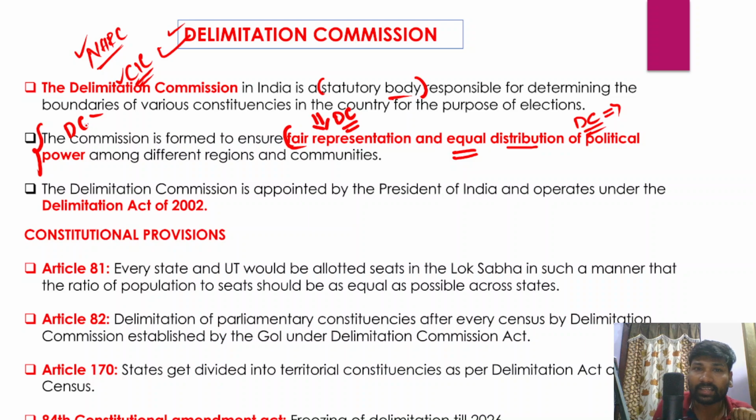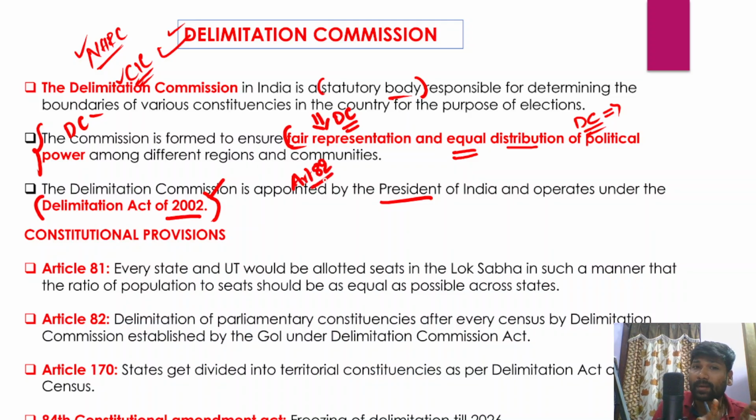And in fact, the Delimitation Commission is appointed by the President of India, and it operates under the Delimitation Act of 2002. Now understand one thing, the Indian Constitution has given power to Parliament to pass a Delimitation Act, under Article 82 of the Indian Constitution.